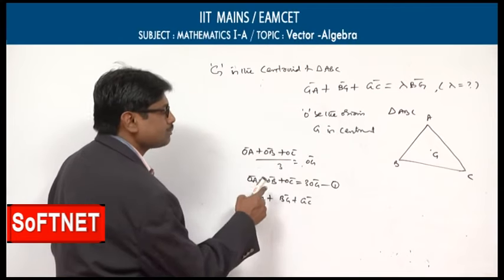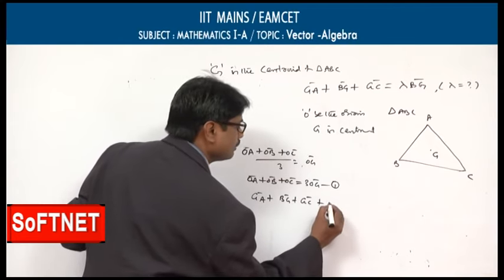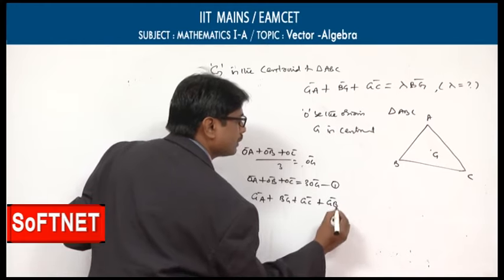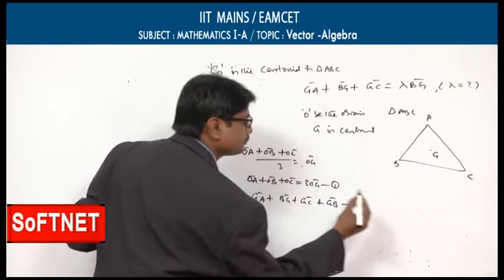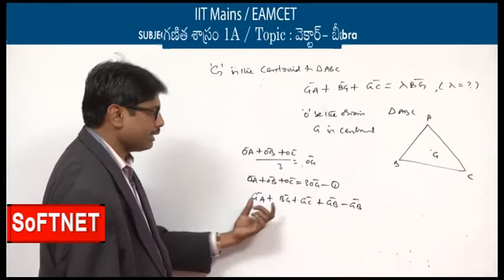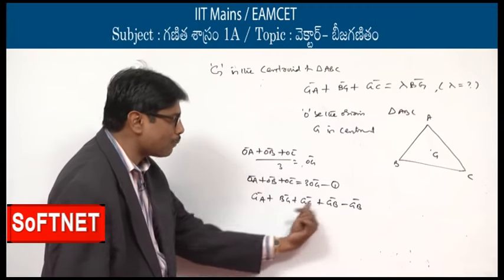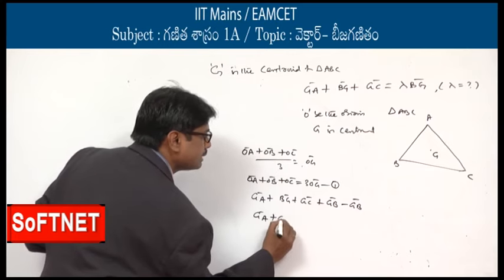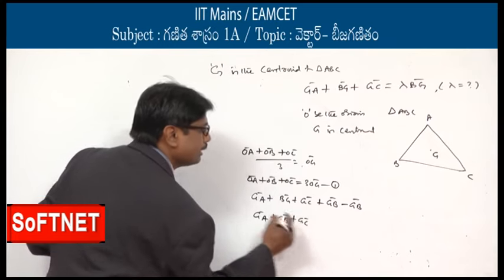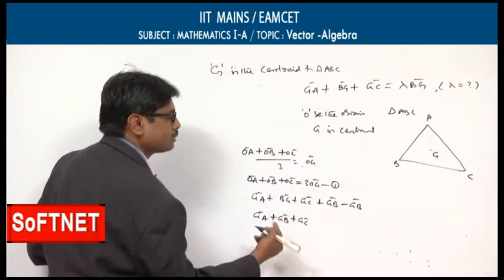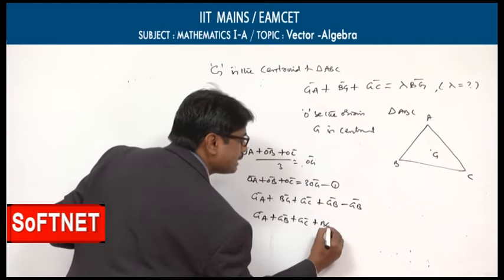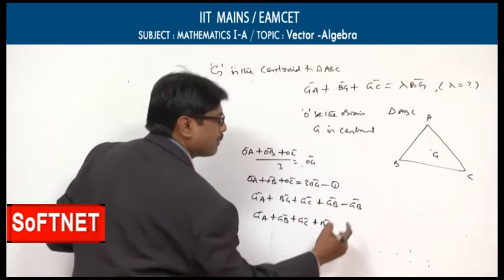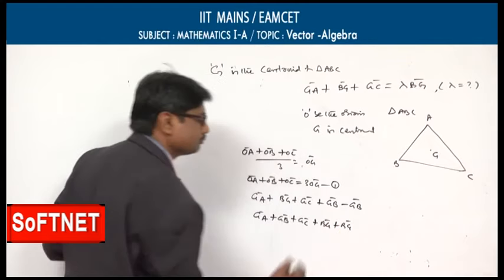So in order to express this one, adding GB bar and subtracting GB bar. Added and subtracted. GB bar is the opposite vector of BG bar. So it will be GA bar plus GB bar plus GC bar, writing these 3 vectors together, plus BG bar minus GB bar can be written as 2 BG bar.